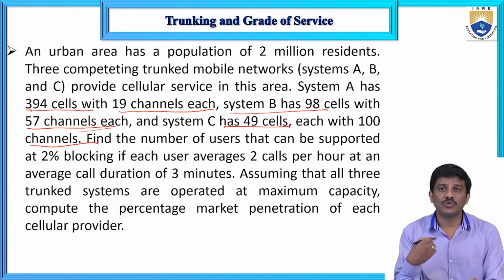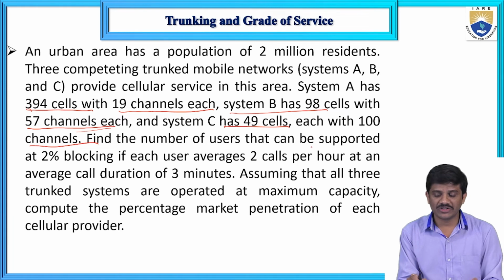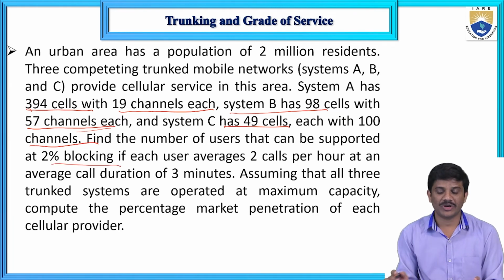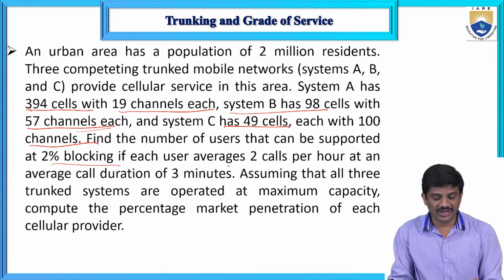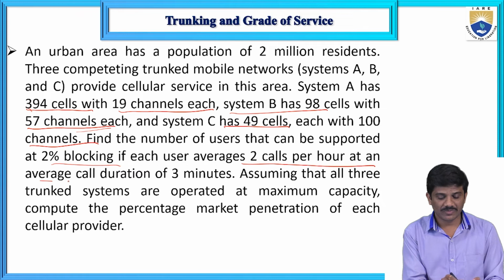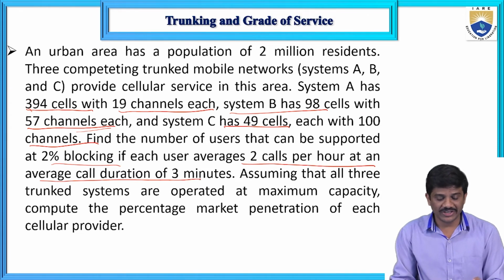Coming to what we have to find out: the number of users that can be supported at 2% blocking probability, for each user 2 calls per hour at an average call duration of 3 minutes. And assuming that all three trunked systems are operated at maximum capacity, compute the percentage market penetration of each cellular provider.